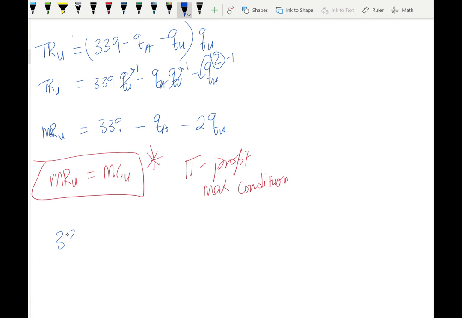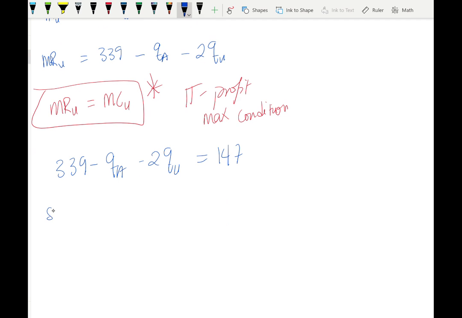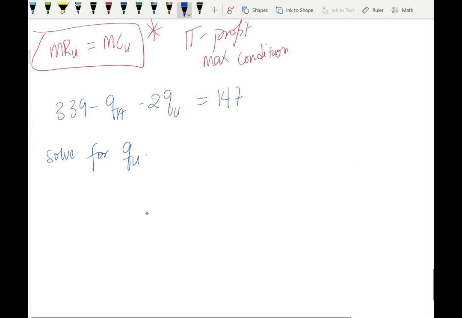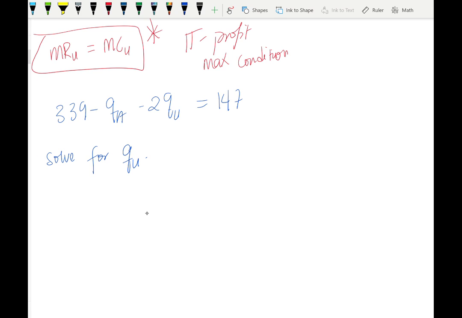So we have 339 minus QA minus 2 times QU equal to 147. We're doing this for United, so we're going to solve for QU, and we want QU by itself.